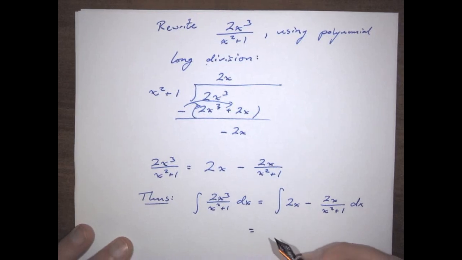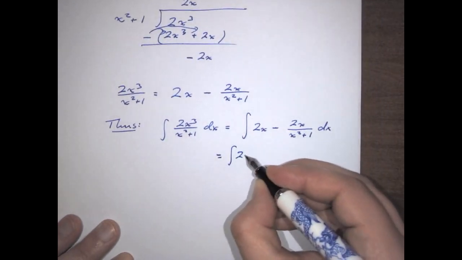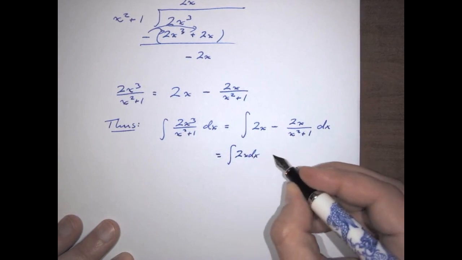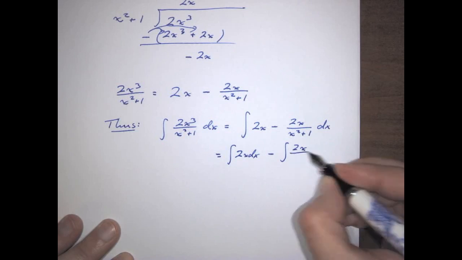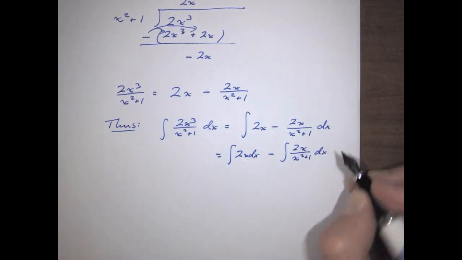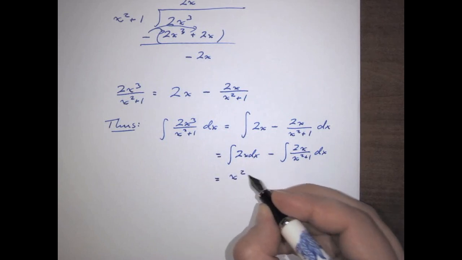But we can separate these two integrals out, and we'll have the integral of just 2x dx minus the integral 2x over x squared plus 1 dx. And this is going to equal just x squared.